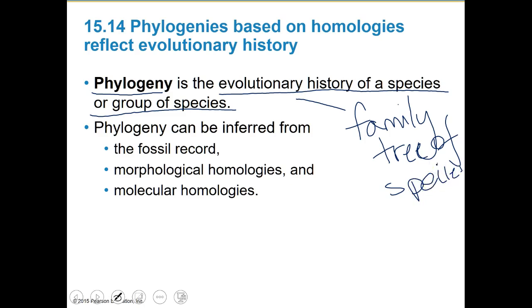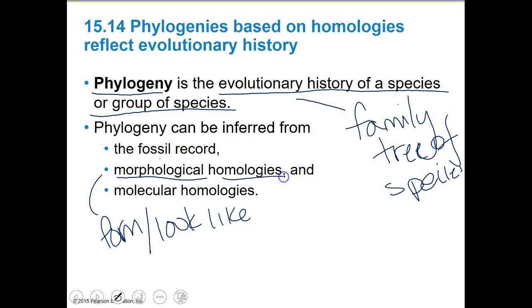Okay, so phylogeny can be inferred from the fossil record, morphological homologies. Again, it looks like a whole lot, but morphology is just the form, or what it looks like. What does it look like? And homologies are similarities. So break that one down. It looks like a lot, but it's just similarities in form, or similarities in what they look like.